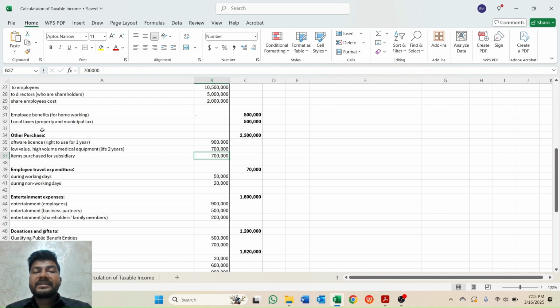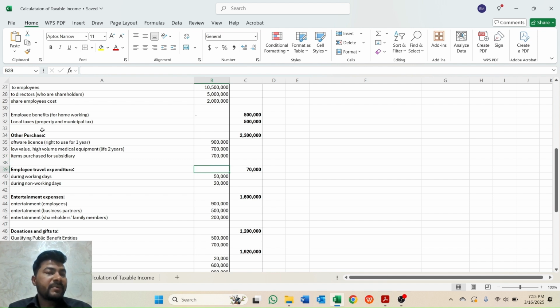Since this is not the cost of Company F, this should be added back while calculating taxable income. And if there is any information regarding reimbursement, in that case only the unreimbursed amount will be added back. We'll go into all the details if there is any information regarding reimbursement of these expenses.